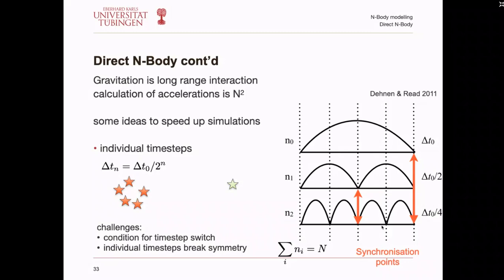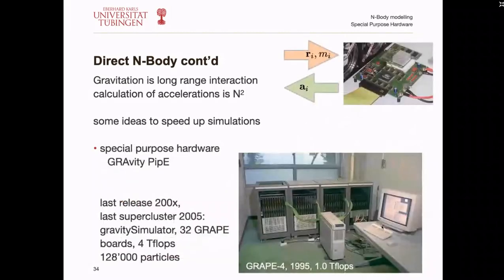The other possibility is to not just use your computer or your software. You can also build up hardware. And this was done more than 20 years ago, especially the University of Tokyo was the main developer. They developed special purpose hardware, which was called GRAPE, which stands for Gravity Pipe.